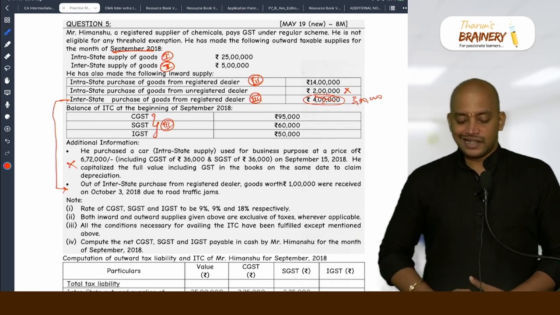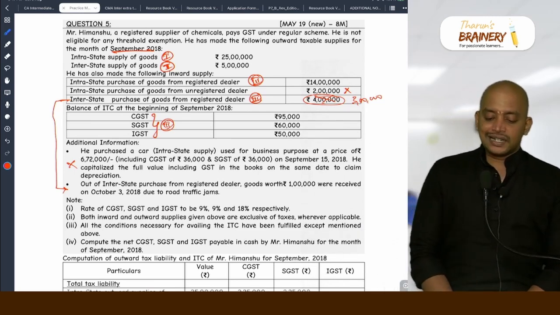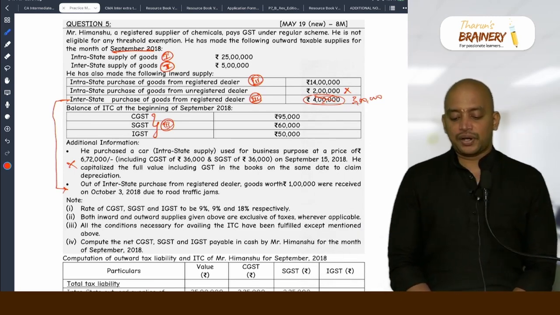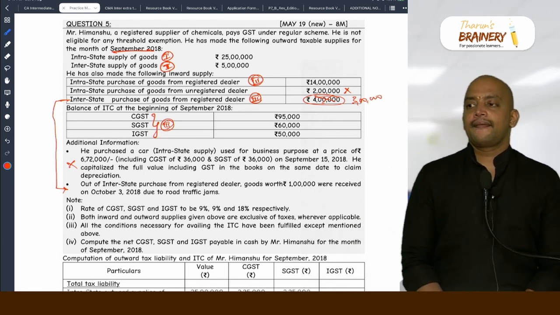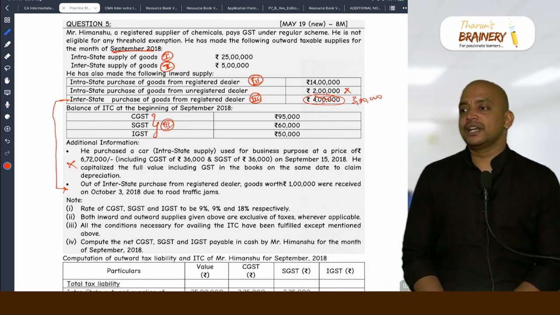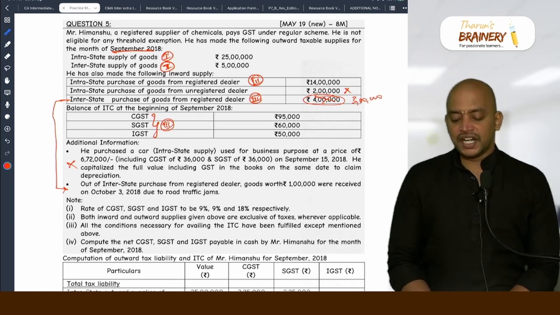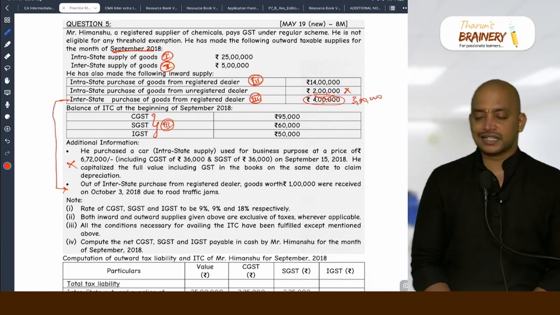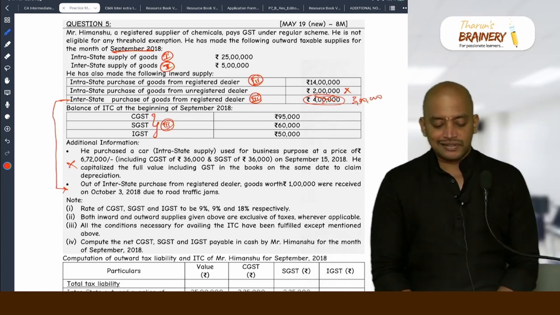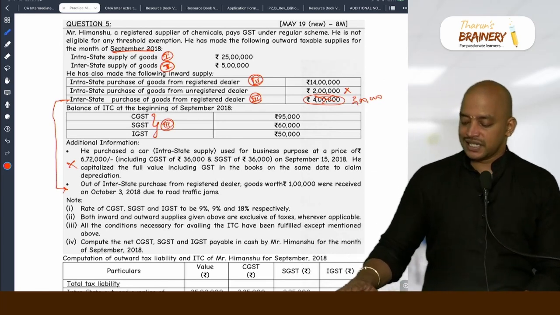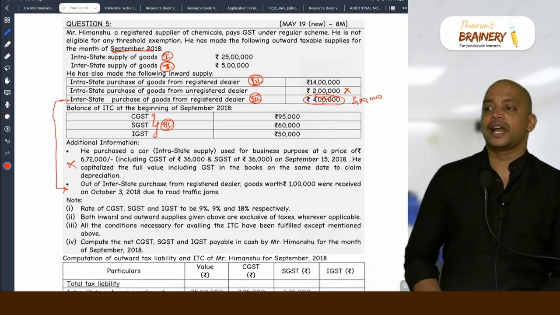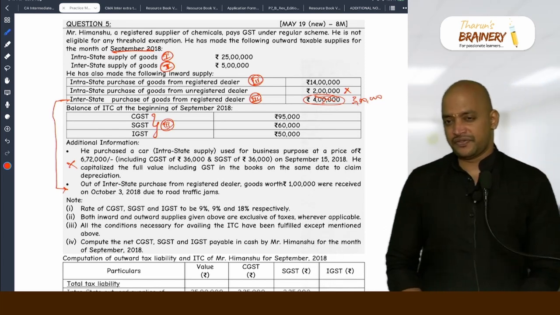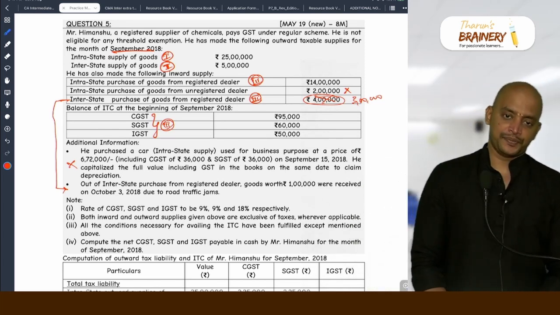First one: intrastate supply of goods, interstate supply of goods. In particulars, write down outward supply, and in the respective columns we will update. Value 25 lakhs, outward supply. Intrastate means it will come in CGST, SGST. So 25 lakhs into 9% is 2,25,000, 2,25,000, and the last column dash.